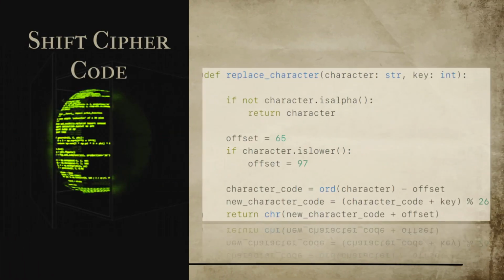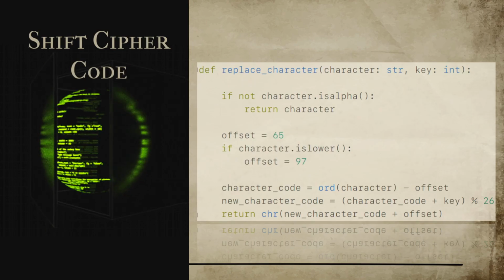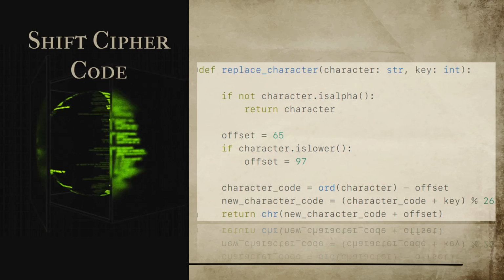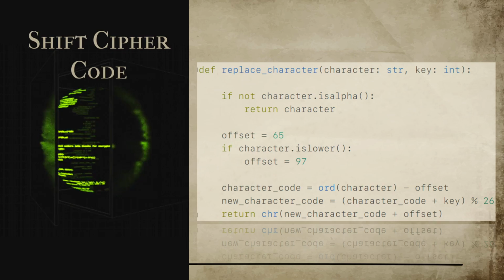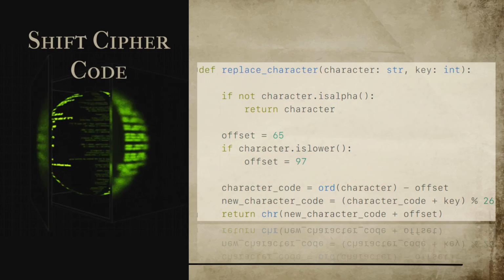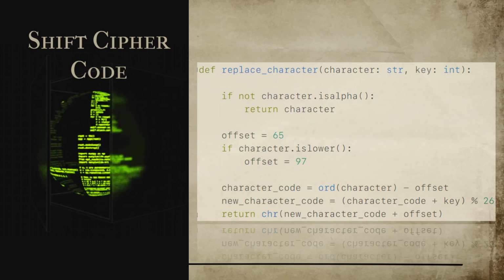Here's the code of shift cipher. We wrote a function to replace characters. It takes a character and a key as input. If the character is not a letter, then it will return it as it is. If it is a capital, it will set an offset of 65, otherwise 97, which is the ASCII value of capital A and small letter a respectively.